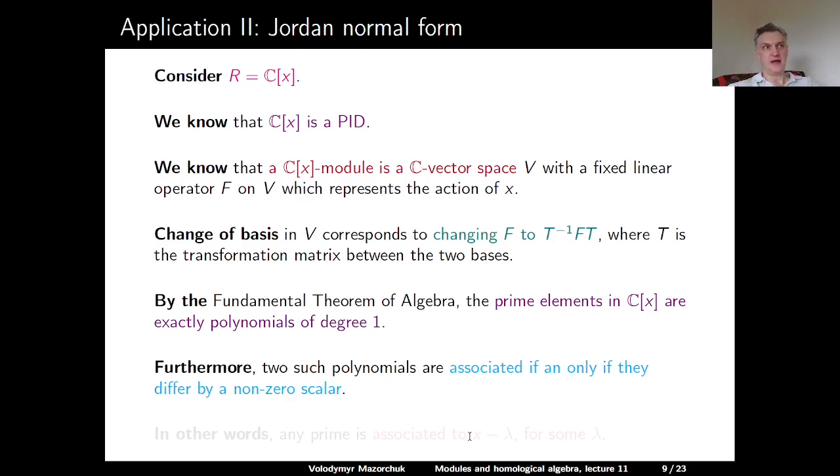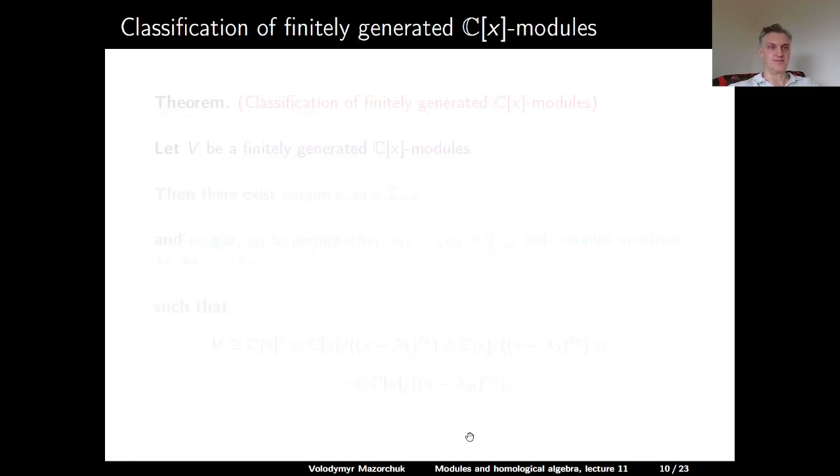The only invertible elements in the polynomial algebra are non-zero scalars. In other words, if we take a polynomial of degree 1 and divide it by the first coefficient, which is a non-zero scalar, we will get that that polynomial is associated to x minus lambda for some lambda.